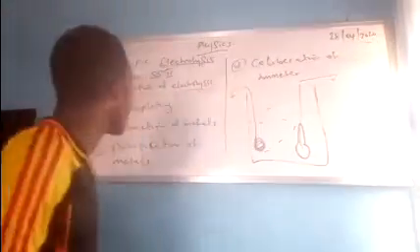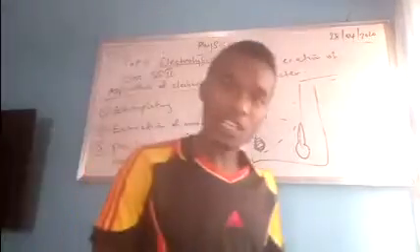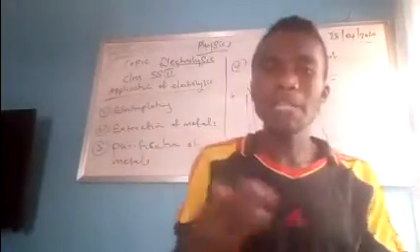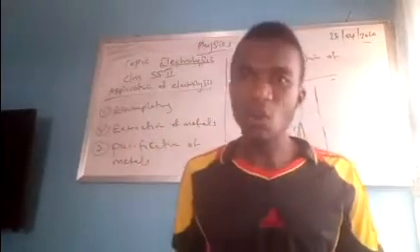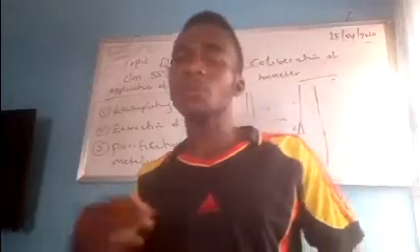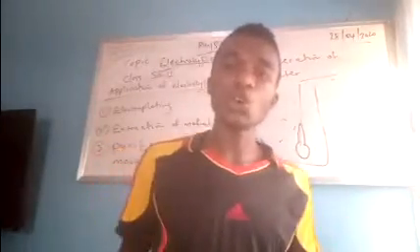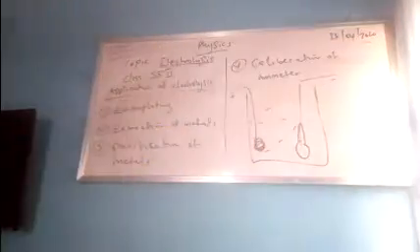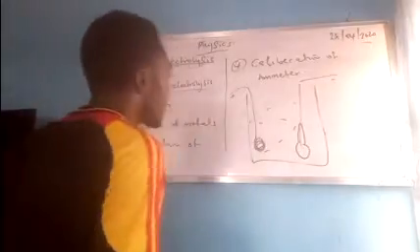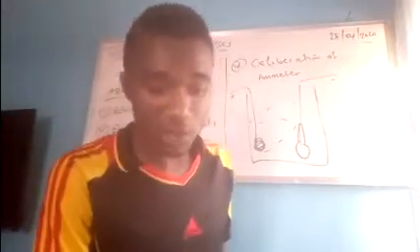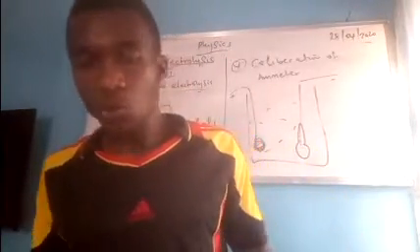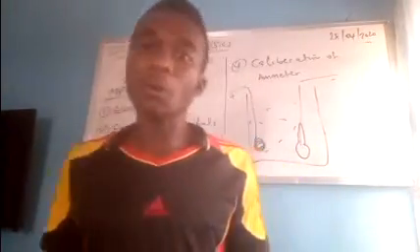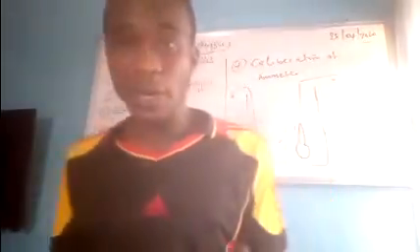Secondly, we'll talk about extraction of metals. Most metals that we see, like sodium and copper, don't come in a pure form. Most of the time they come in a mixture of one or two metals. So how do we extract such metals? For example, sodium is gotten from molten sodium chloride.